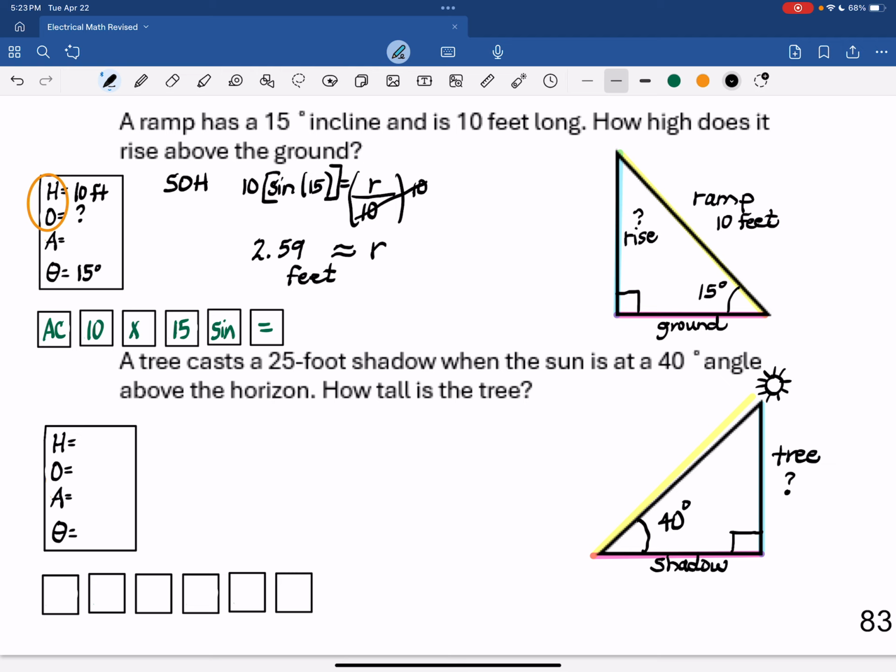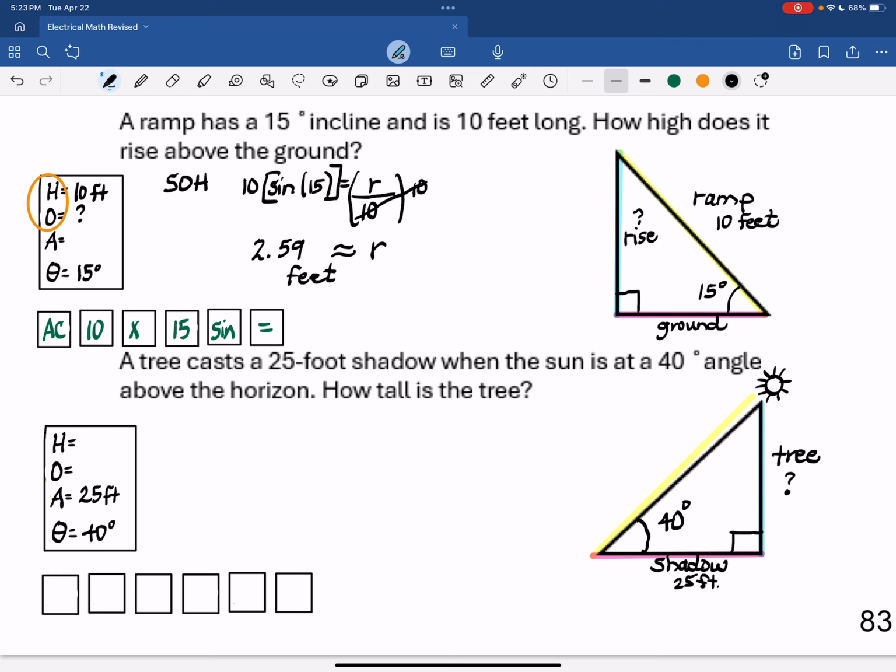So we don't know hypotenuse. We know that the shadow is 25 feet. I forgot to put that in there. Use all the information you can on your scaffold picture, and then you can set up your formula. So adjacent is 25 feet. Theta is 40.